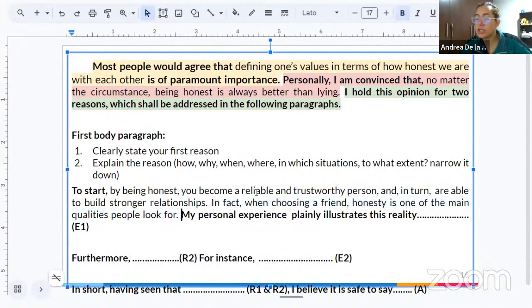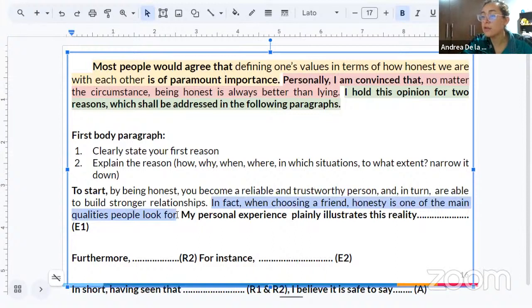You could also change the context to maybe romantic relationships, right? You can say, in fact, it is widely known that, I don't know, lack of honesty is one of the main reasons why most romantic relationships fail in the long term, for example, right?